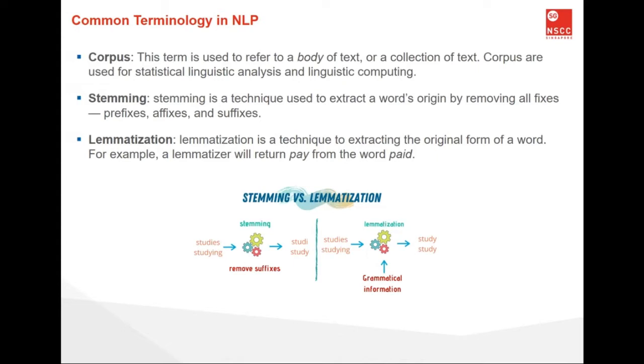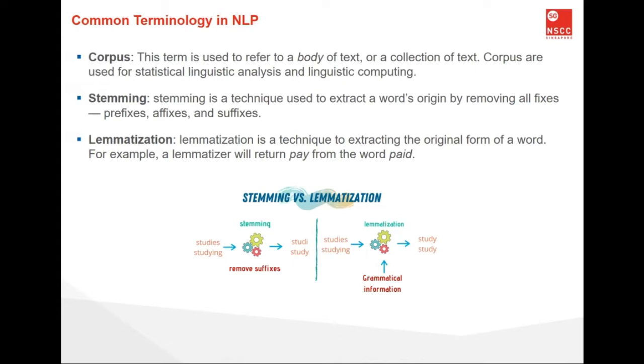Additionally, there are families of derivationally related words with similar meanings, such as democracy, democratic, and democratization. The goal of both stemming and lemmatization is to reduce inflectional forms, or sometimes derivationally related forms, of a word to a common base form.